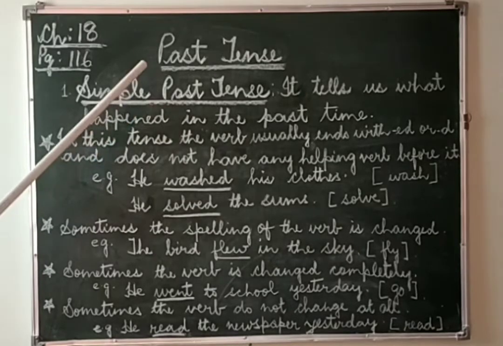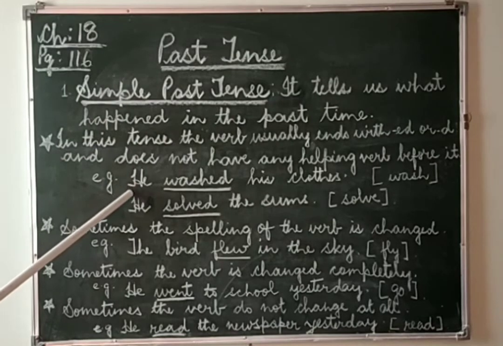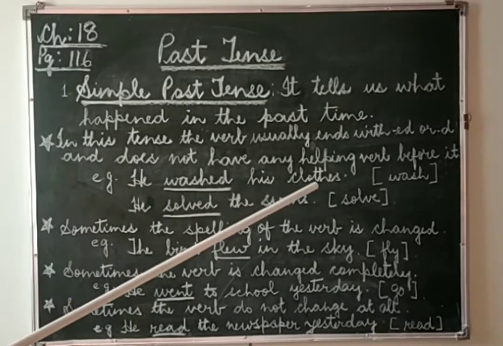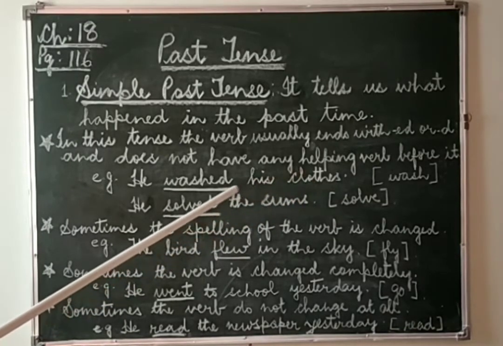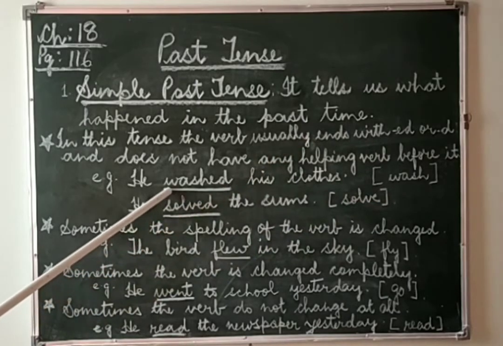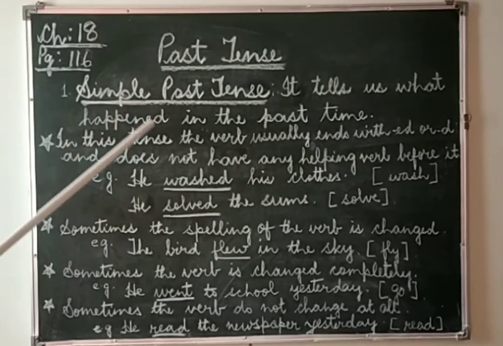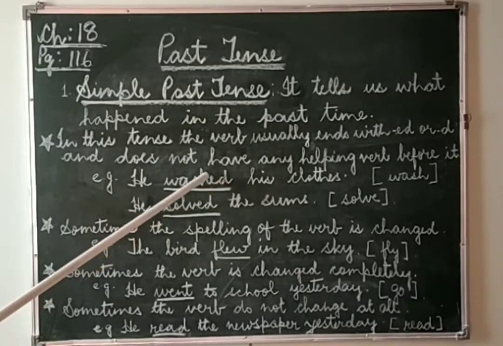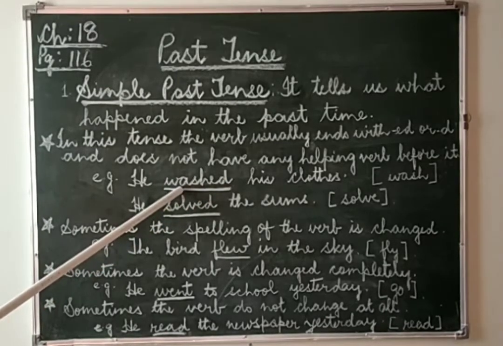Okay? Now let's understand through a few examples. The first example is, he washed his clothes. Here you see the base verb is wash and it has become washed in the simple past tense. That means we have added ed to the base verb.